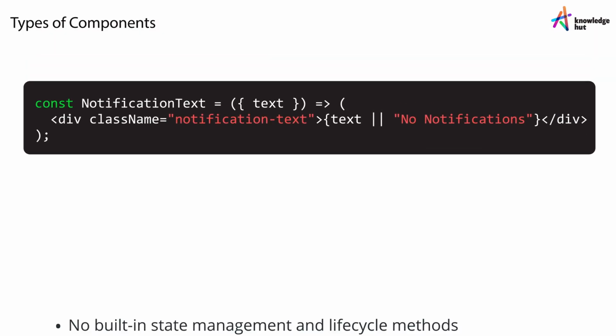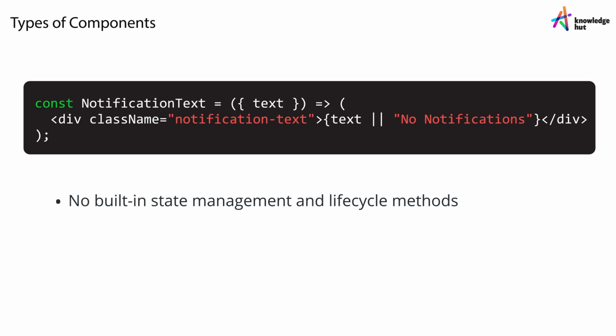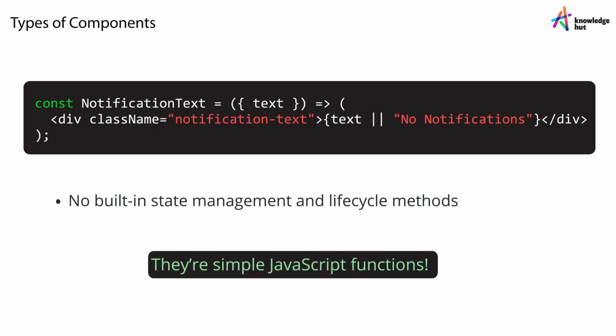These functions do not offer built-in state management or lifecycle methods and other bells and whistles that class components may offer. While originally designed for elementary and simple use cases where class components are an overkill, the beauty of function components is in the syntax and simplicity. They're simple JavaScript functions.